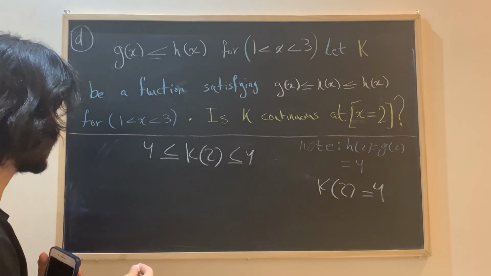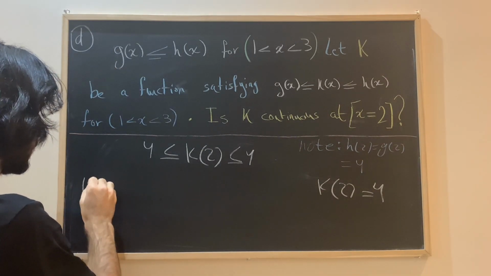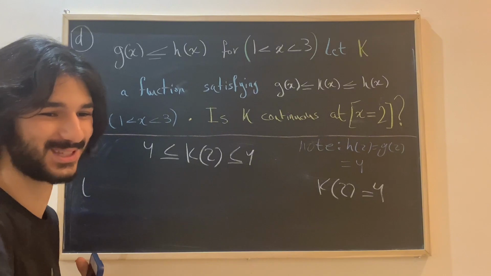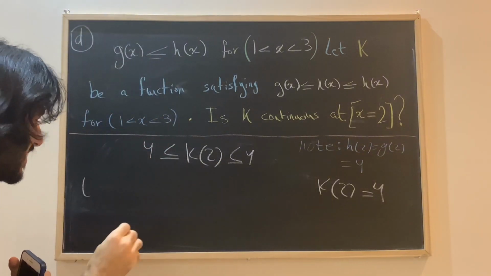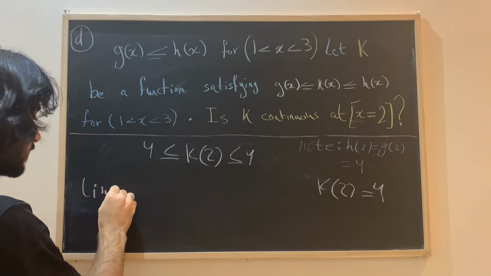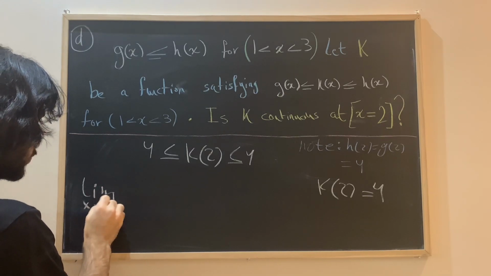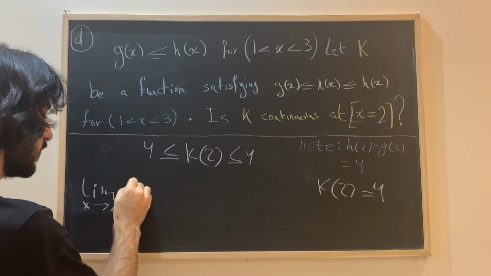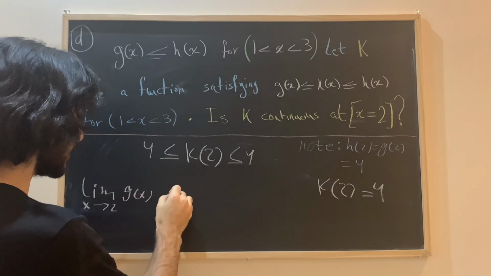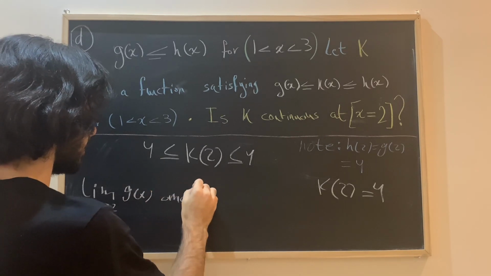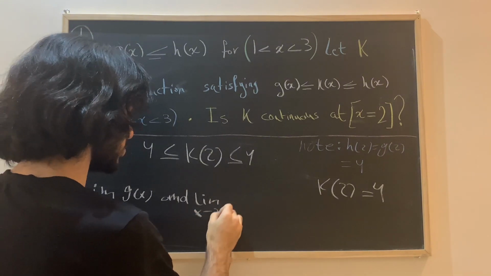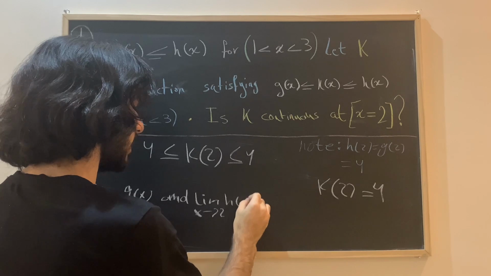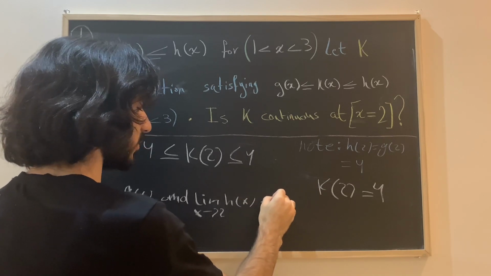So to use the squeeze theorem, we just take the limit. According to the squeeze theorem, the limit as x approaches 2 of g of x and the limit as x approaches 2 of h of x both equal 4.